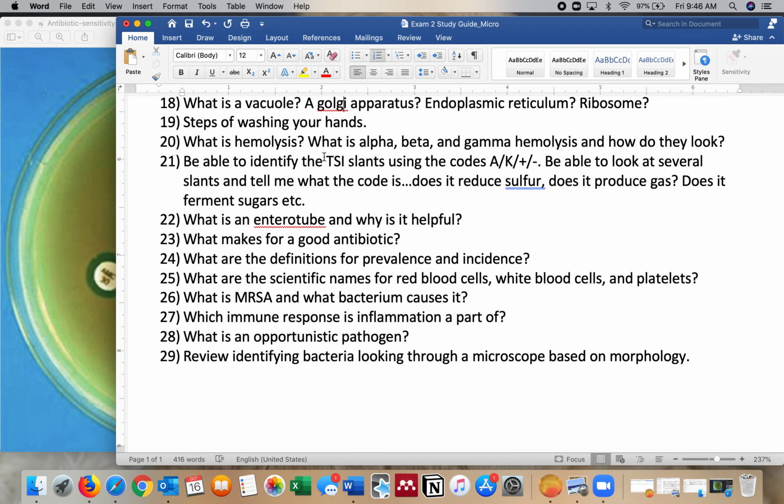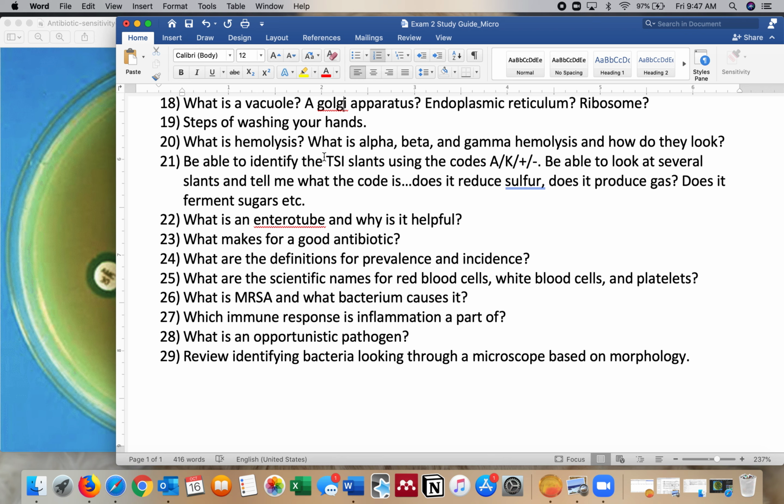Basically, anytime something needs to be digested in the cell, like old proteins, they get directed to these lysosomes, and once they're inside, the free radicals kind of shred the proteins so that they can be recycled. So just know what a vacuole is.